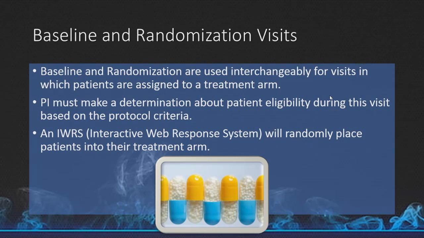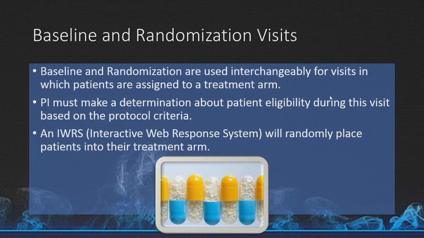The coordinator or the PI simply logs in, clicks on the subject that is there for the baseline visit or randomization visit, however you want to call it, and the system asks if they're eligible to continue. Should they be randomized? You click yes, and it will generate a number which corresponds to one of the IP bottles or blister packs or vials in the locked study drug room.